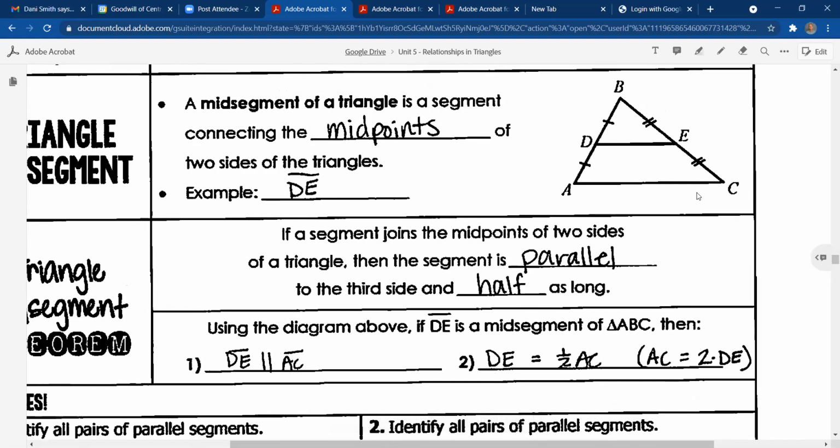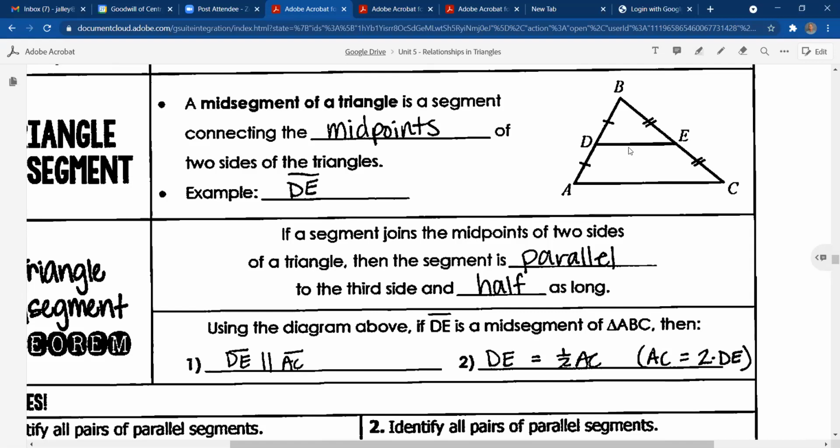Or said the opposite way, the inverse, that long side of the big triangle is twice its parallel mid-segment line. Questions? Anybody?